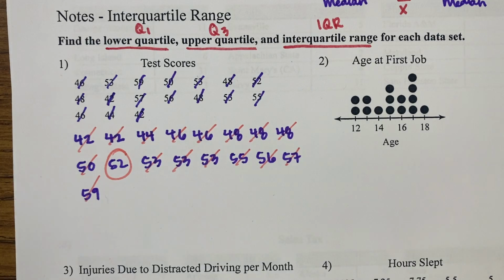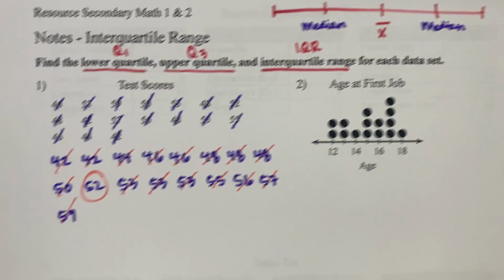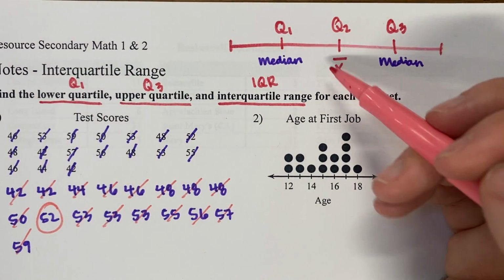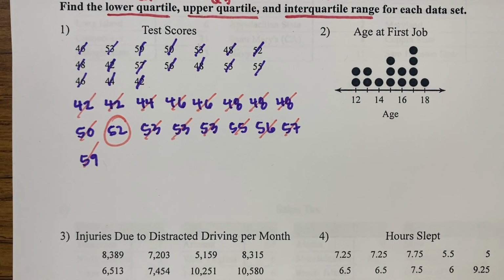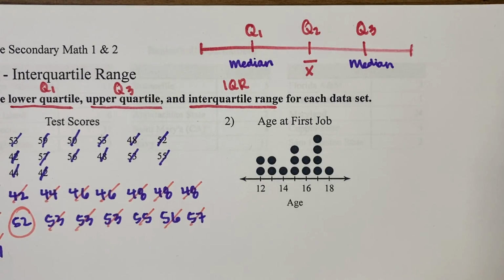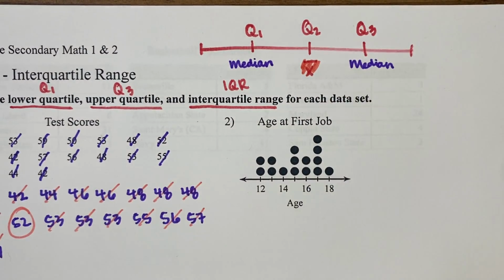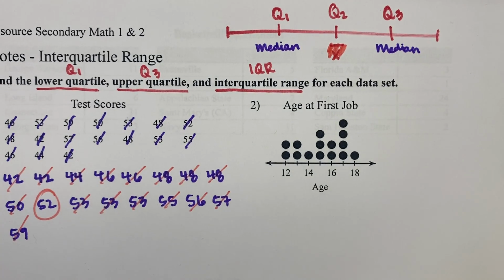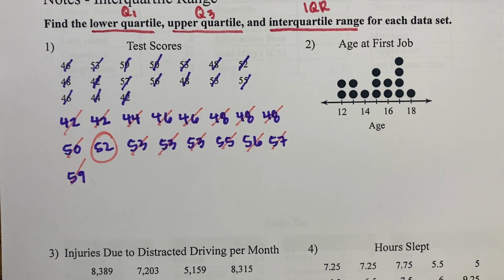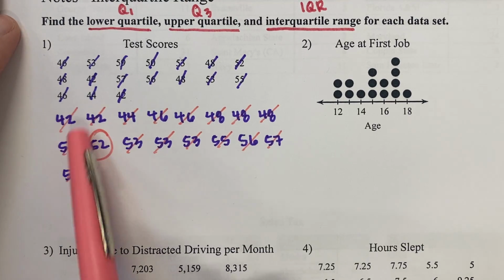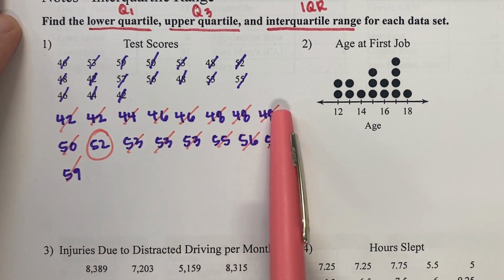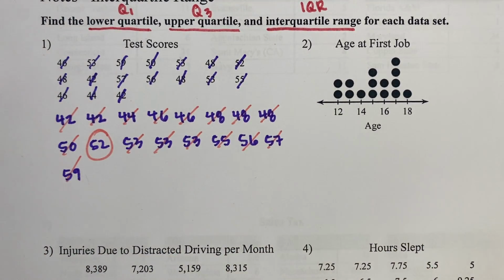So there is my median. Technically that would be my Q2 right in the middle. And excuse me, that's not always our mean, it's our median. Now I need to find the medians of my first half and my second half.